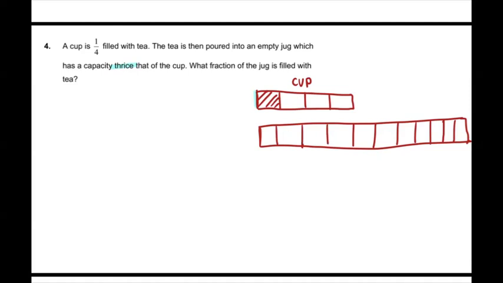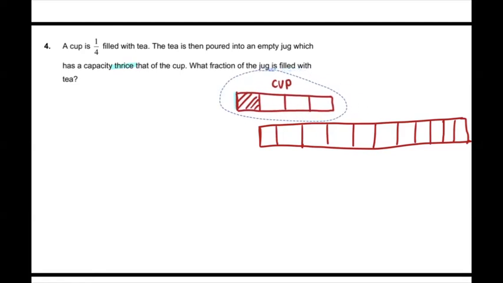Two, three, 4, 5, 6, 7, 8, 9, 10, 11, 12. Okay, not drawn to scale. So basically the first model is representing the cup.